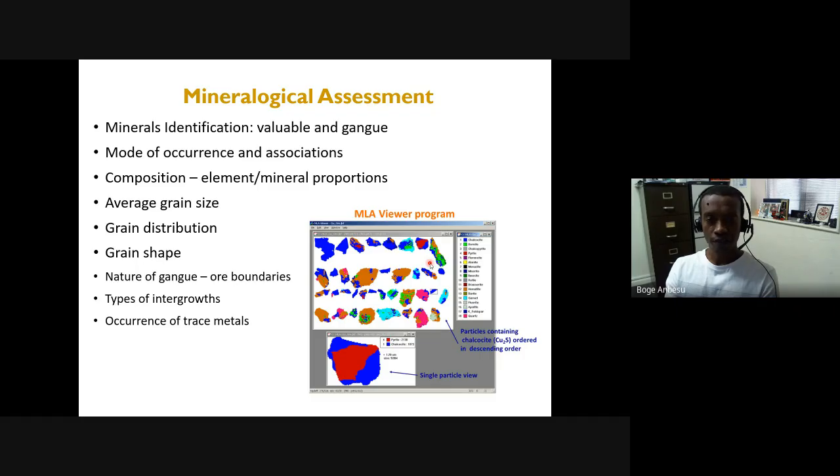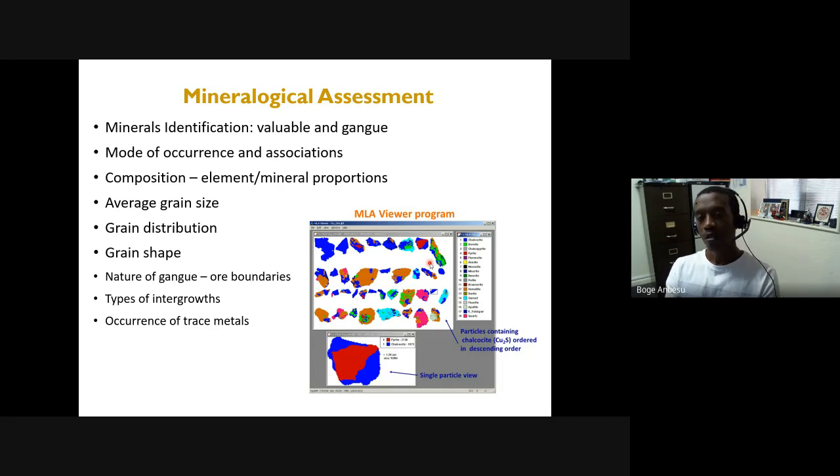If it is high enough, usually in this part of the world it is above 0.5% copper, then you need to come up with how the copper is associated in the ore. Is it copper in chalcopyrite? Is it copper in chalcocite? Is it copper in oxides?